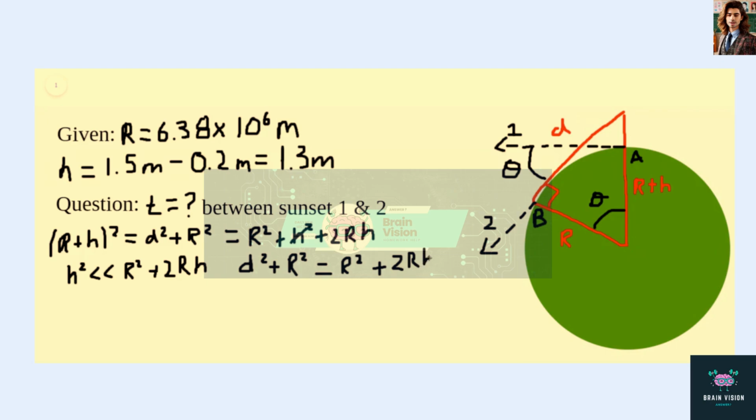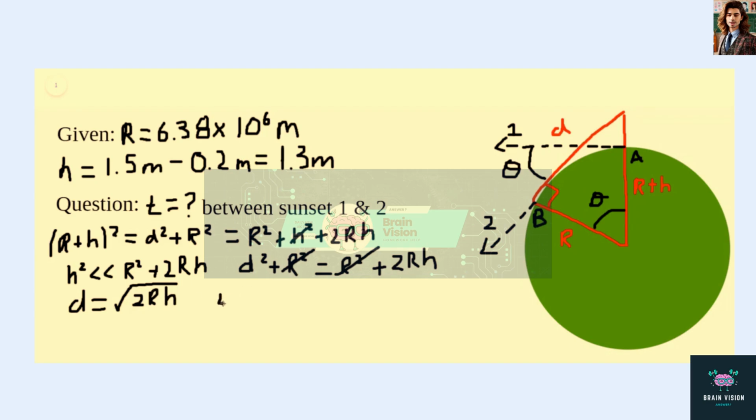By doing this, we see that r squared is also going to cancel out on both sides of the equation. So we can go ahead and cross that off. And now we are able to solve for d, which we did not know before. d is equal to the square root of 2 times r times h. Okay, the other thing we don't know here is theta.